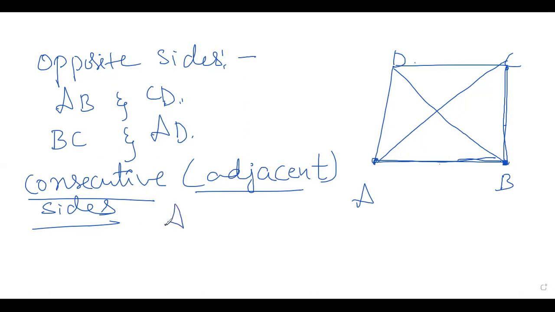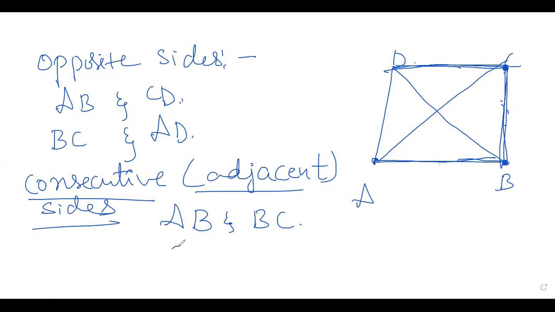Here, which are consecutive sides or adjacent sides? AB and BC, right? These two are adjacent sides. And also you can take CD and BC. One line is beside the other, and which is the common point or common vertex here? C is common for both the sides. BC ends at C, DC ends at C. This is common for both the sides.